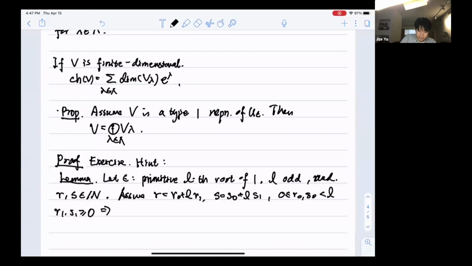Then this implies that r choose s specialized at ε equals r_0 choose s_0 specialized at ε, times the usual binomial coefficient r_1 choose s_1.